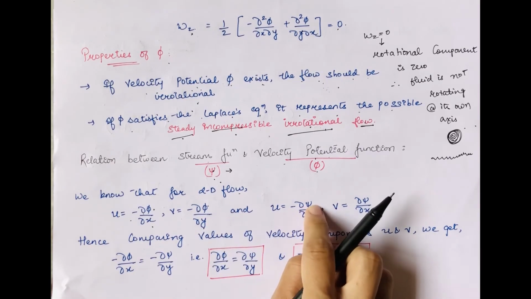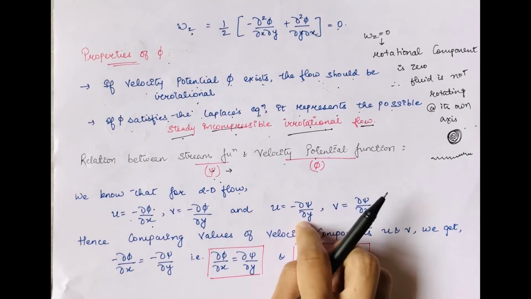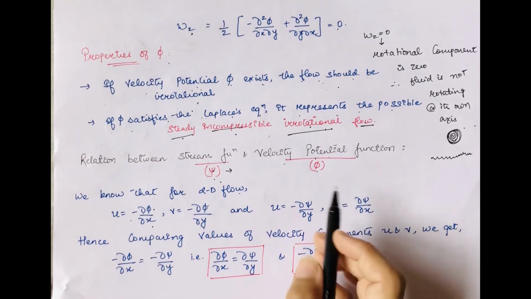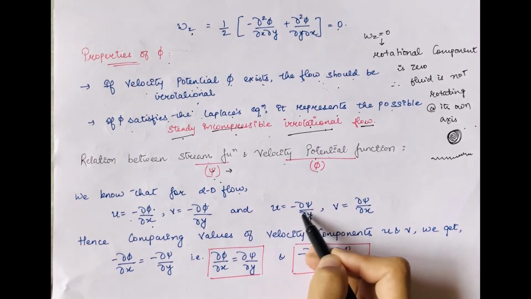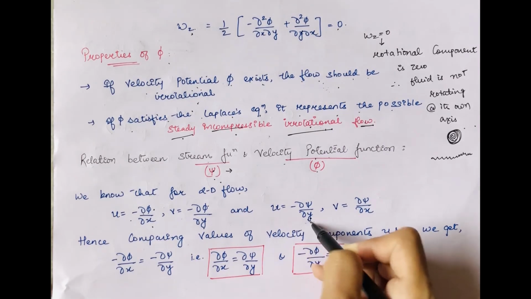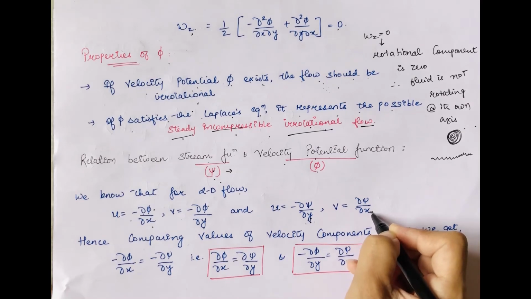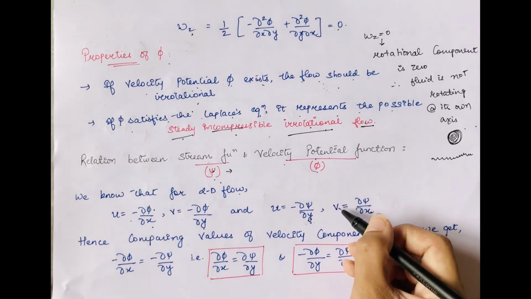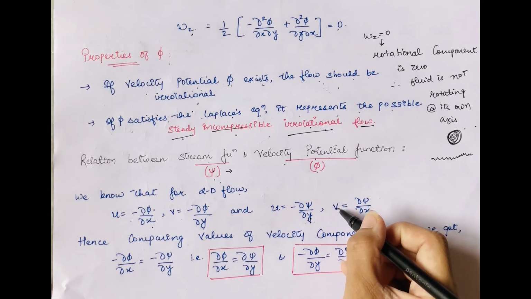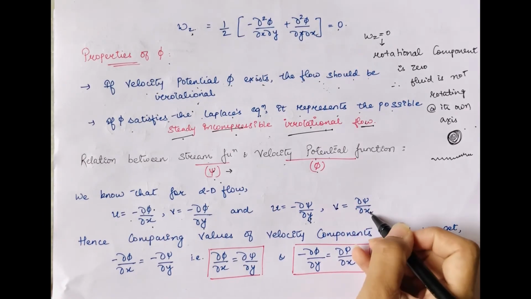Similarly, u is equal to minus del psi by del y. See, here in case of stream function, the velocity component is in the perpendicular direction of the flow, and if the direction is considered x, then the velocity component must be perpendicular to this direction.